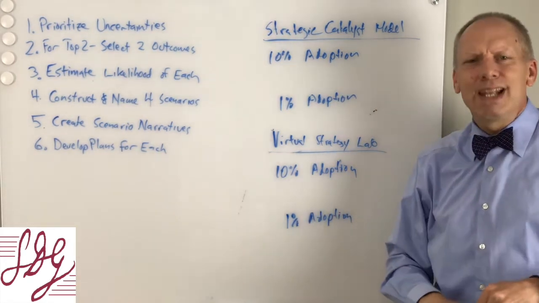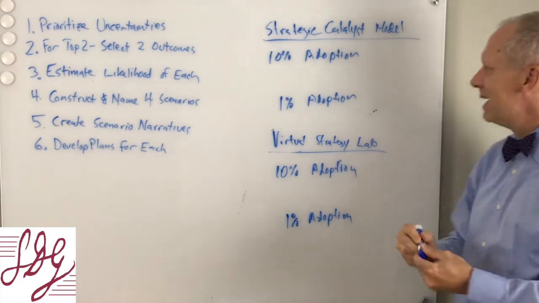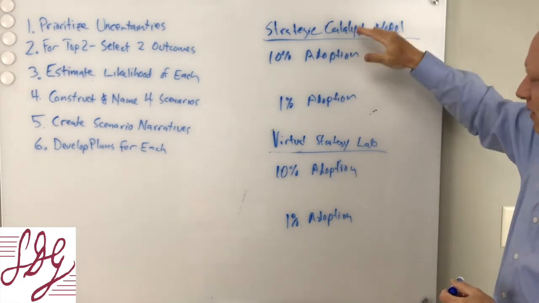So what is the likelihood of each of these two under this model?